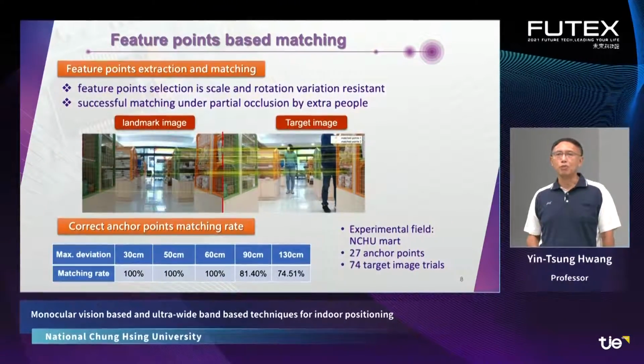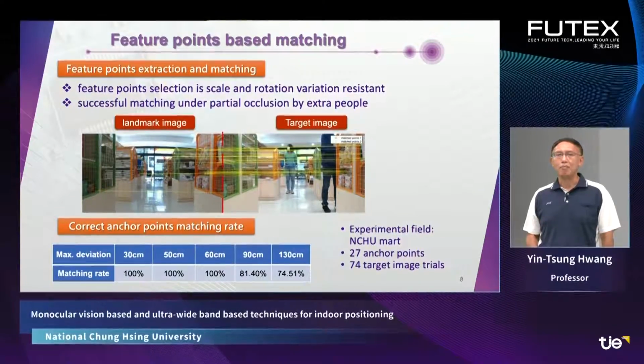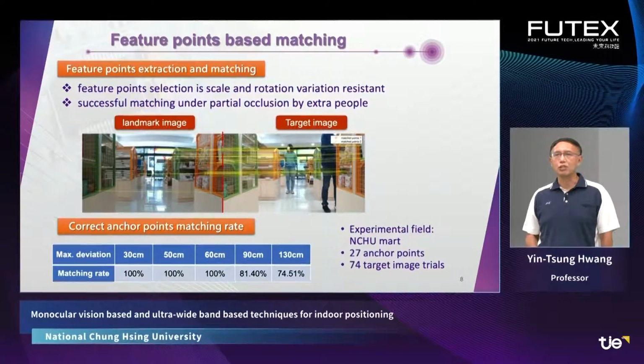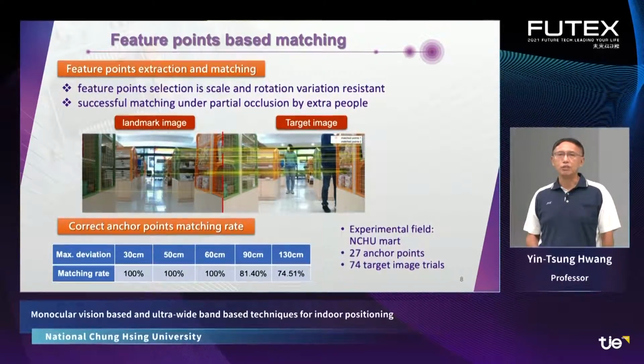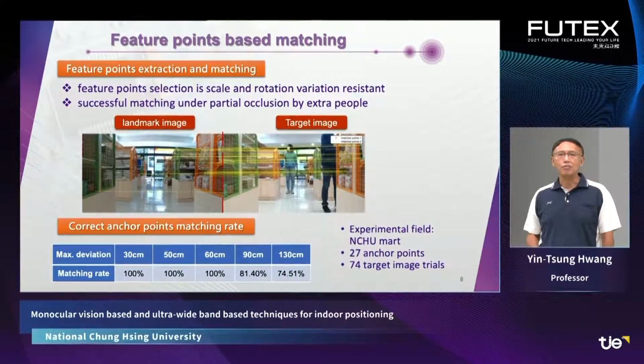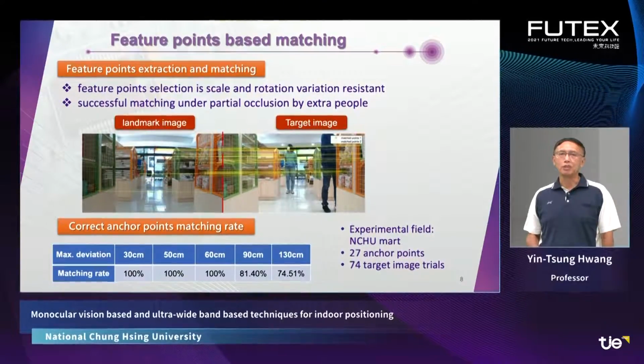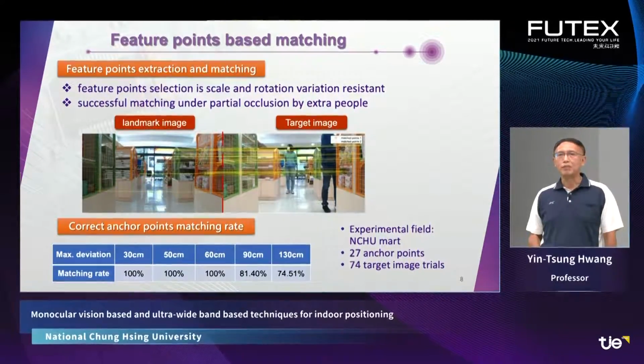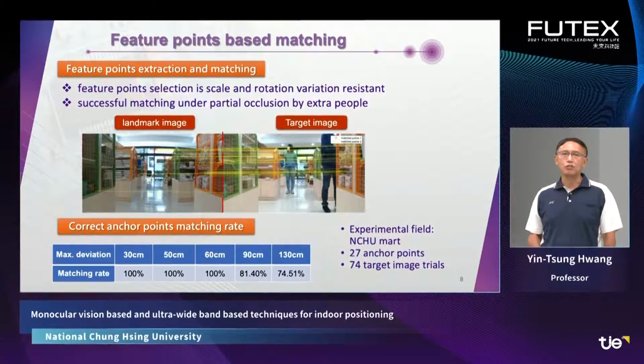Stage 2 performs feature points-based matching. Feature points selection is resistant to scale and rotation variations. From these examples, we can see successful matching even if the target image is partially blocked by actual people. For an experimental field on our campus, 27 anchor points are chosen.